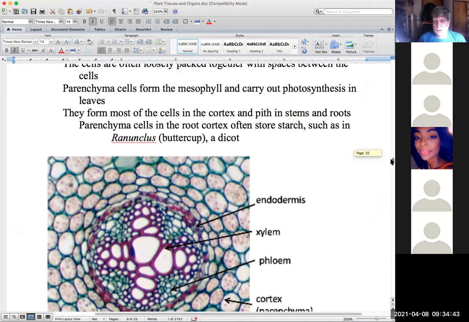So let's look at some of the cells we've been talking about, like parenchyma. And parenchyma tend to be big cells. They tend to have thin cell walls. And you might remember from 105, plant cells make a primary cell wall first. And the primary cell wall is relatively thin and flexible.